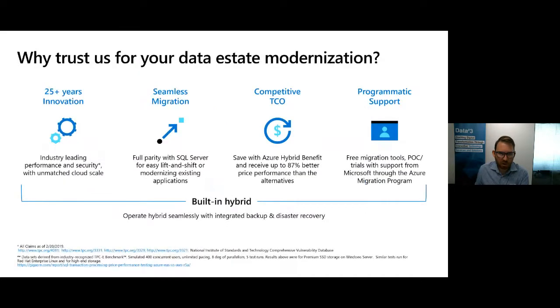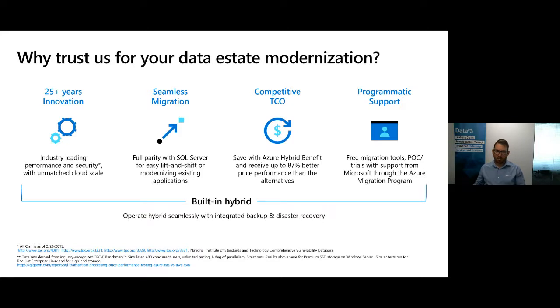So when I say why trust us, it's not us, it's why trust Microsoft for your data estate modernisation. Certainly, there's a saying coming up, but basically, Microsoft SQL is not going to run any way better than in a Microsoft cloud environment. And SQL is one of the leading enterprise database platforms in the world through over 25 years of innovation to help achieve that.